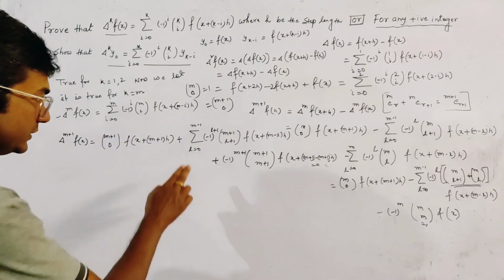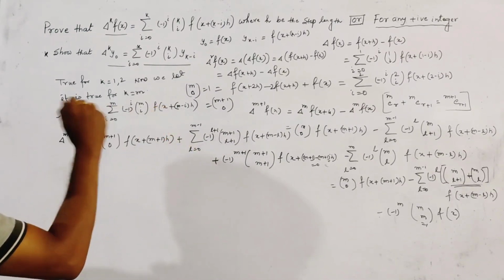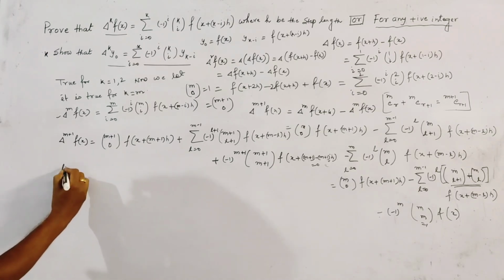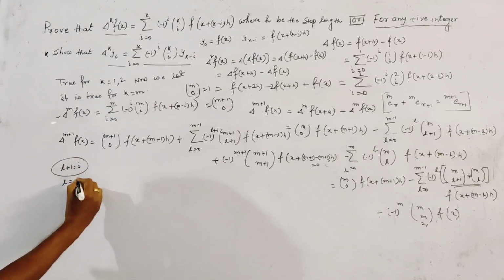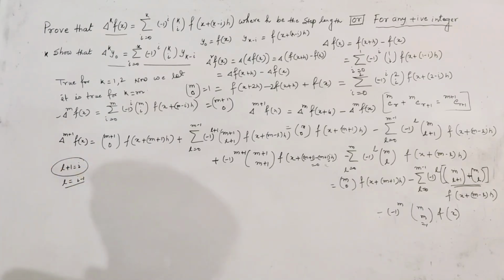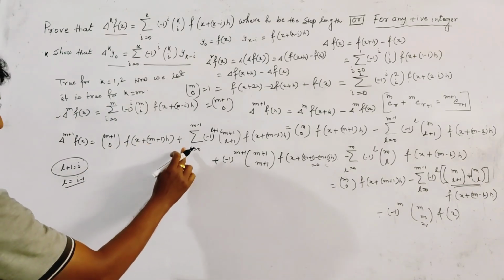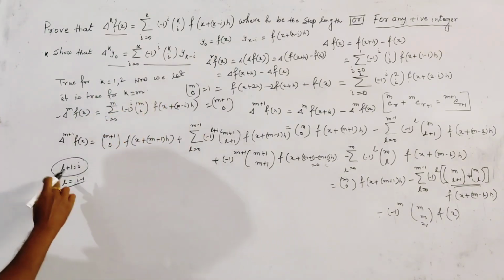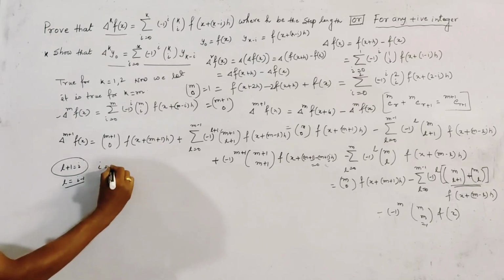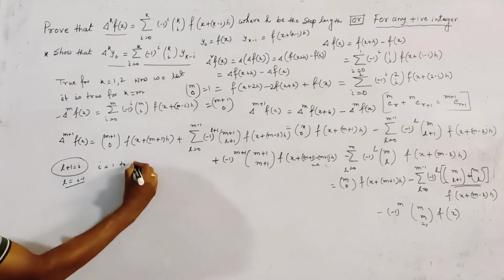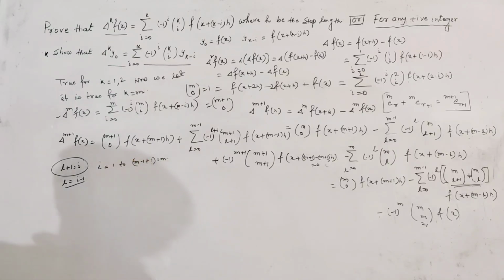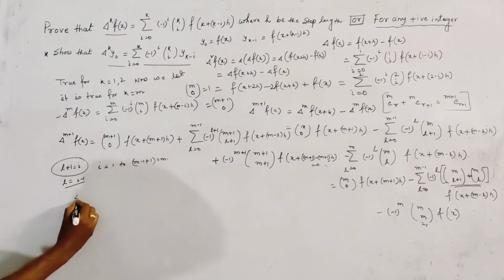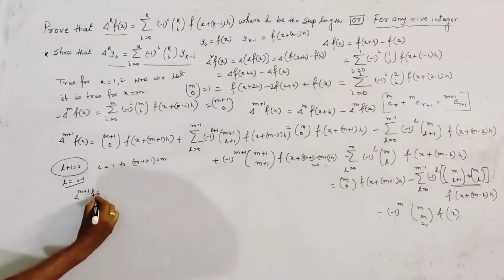Now to get this summation in the form of I, we put L plus 1 equal to I, that is L equal to I minus 1. And here the summation is L equal to 0 to m minus 1, so I equal to 1 to m minus 1 plus 1, that is m. And this term becomes delta to the power m plus 1 f of x.